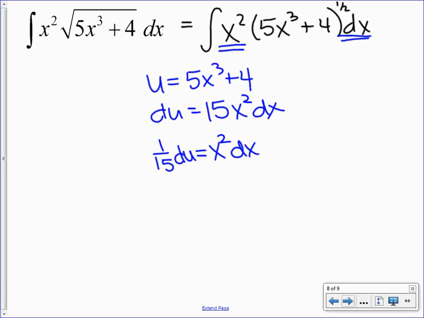Since we have x squared dx, I divided that 15 over. So now we can rewrite our integral. X squared dx gets replaced with 1/15 du. I'm going to put the 1/15 on the outside because it's a constant. We can worry about it later. And then inside we have just u to the 1/2.